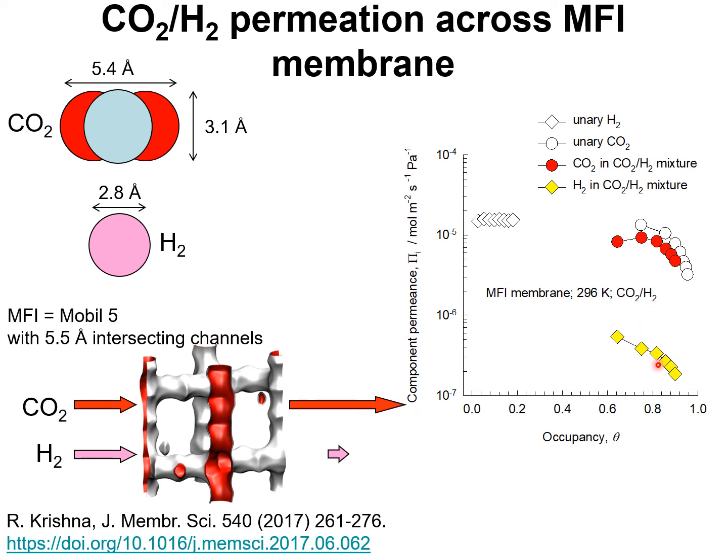But another contribution to the lowering in the permeance of hydrogen is the fact that hydrogen gets slowed down due to correlation effects that it experiences, explained in the previous slide. So a combination of mixture adsorption equilibrium and correlation effects accounts for the lowering in the hydrogen permeation in the mixture compared to the unary permeance.